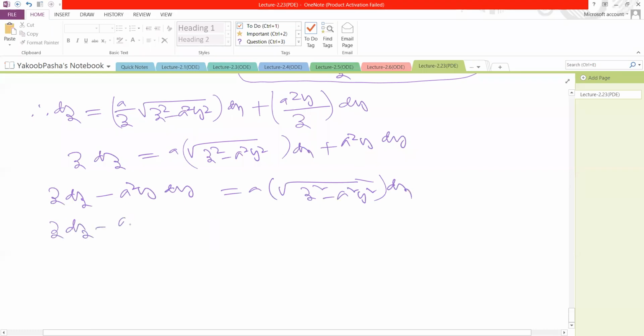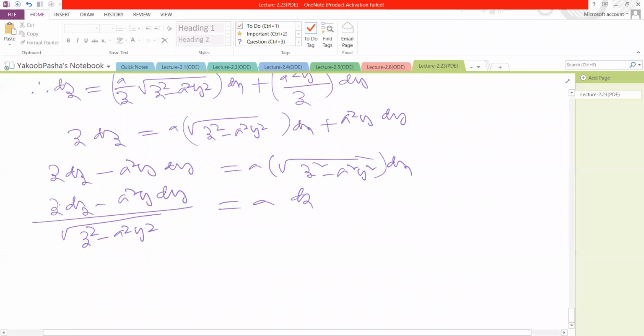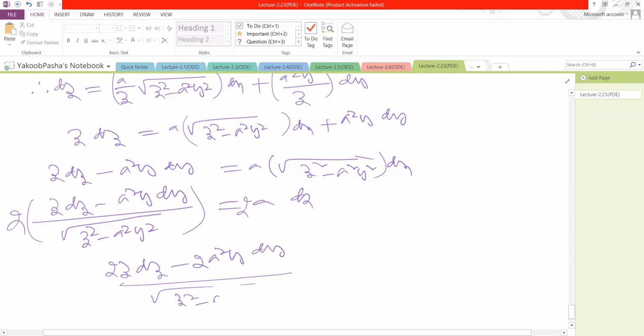So z dz minus a square y dy divided by under root of z square minus a square y square is equal to a into dx. We can multiply 2 on both sides. So it is 2z dz minus 2a square y dy by under root of z square minus a square y square is equal to 2a dx.